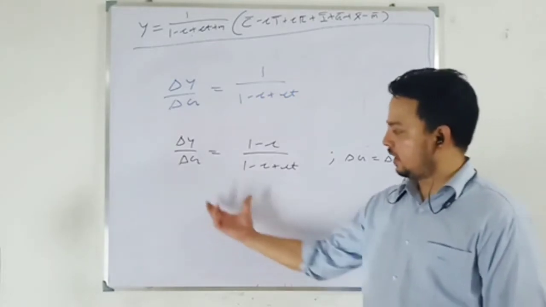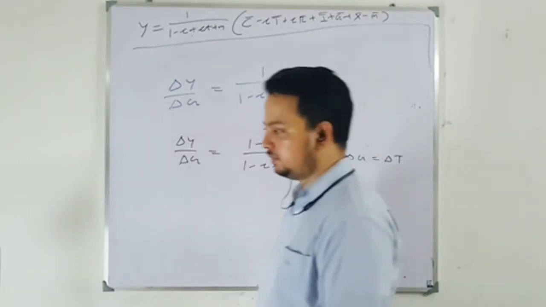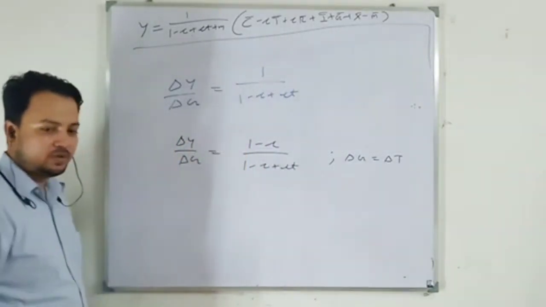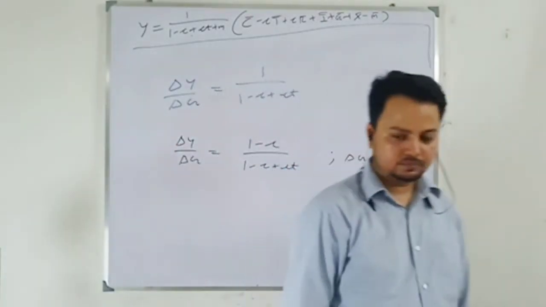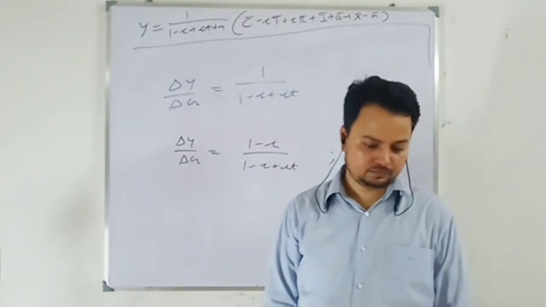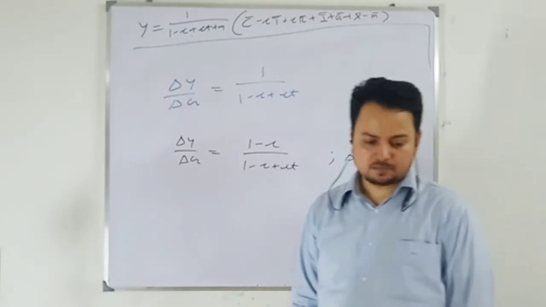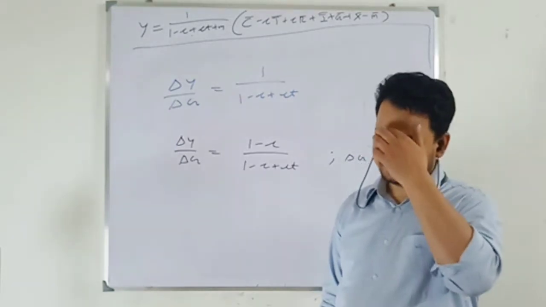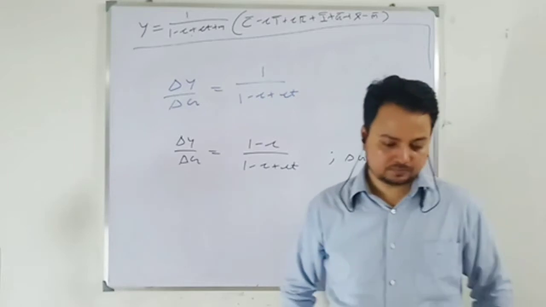So you have to write one more line for this question. Write down: fiscal multiplier. The fiscal policy multiplier without balanced budget is greater than the fiscal multiplier with reference to the balanced budget multiplier.